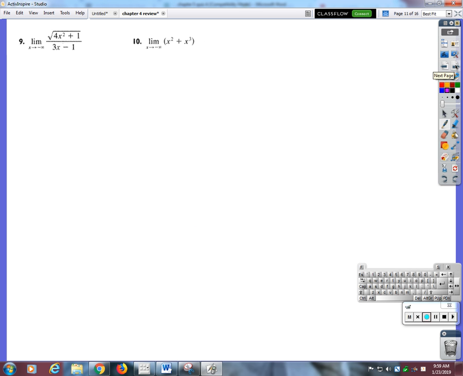So the way we did these things is we multiplied everything by 1 over the highest power in the denominator.